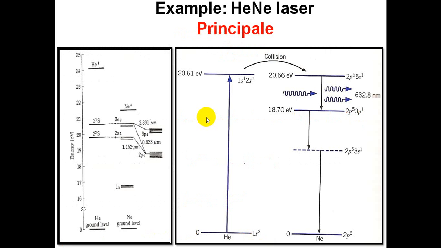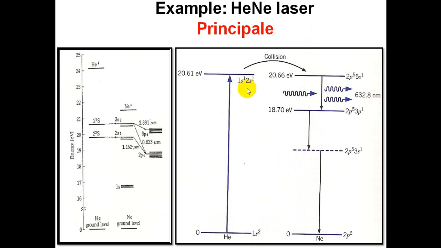This slide shows the energy level band diagram for the helium neon gas mixture. This band diagram clearly shows that helium gas atoms transfer the energy to neon atoms by collision. In this laser, neon atoms are directly involved in the laser transition.